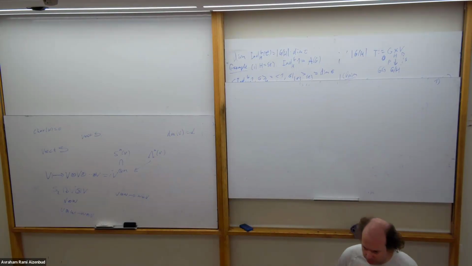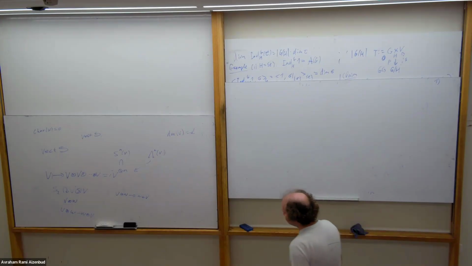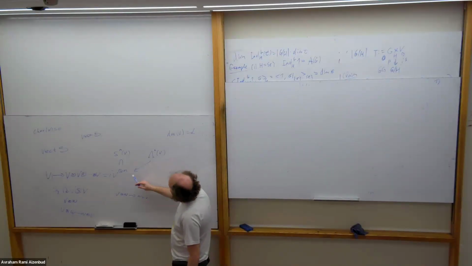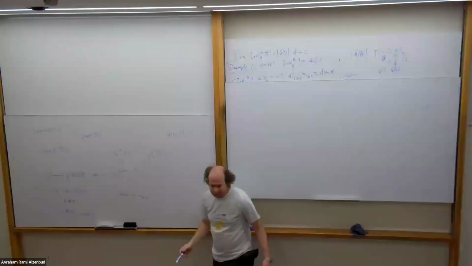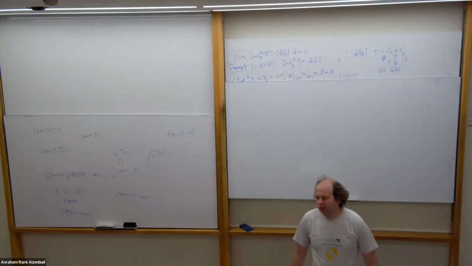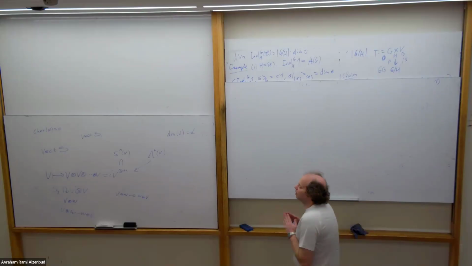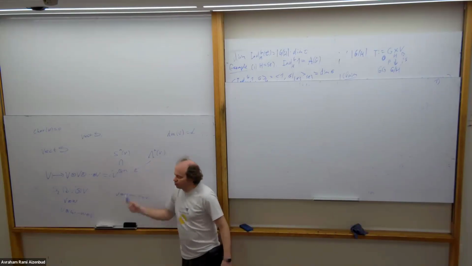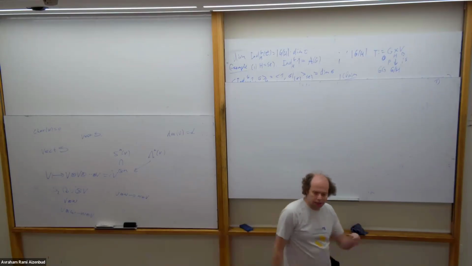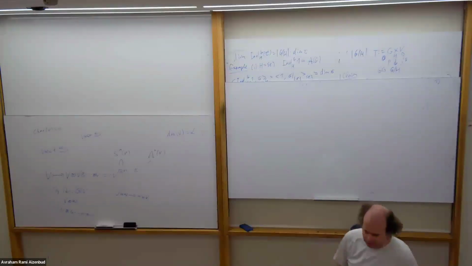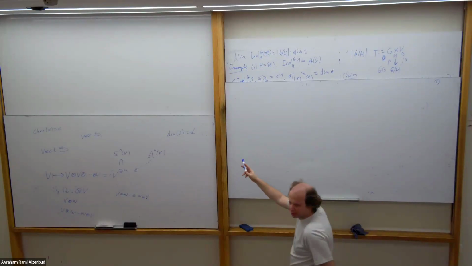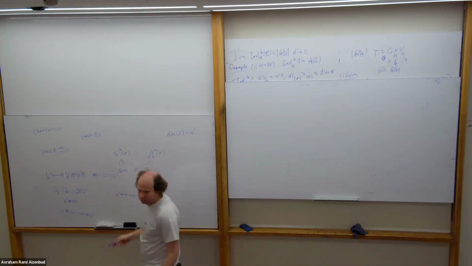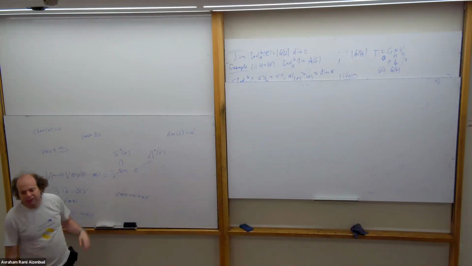And the symmetric power's dimension is the number of multisets of size N inside a set of size D, so it's never 0 unless D is equal to 0.